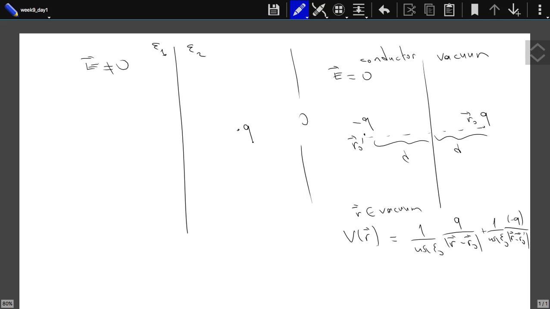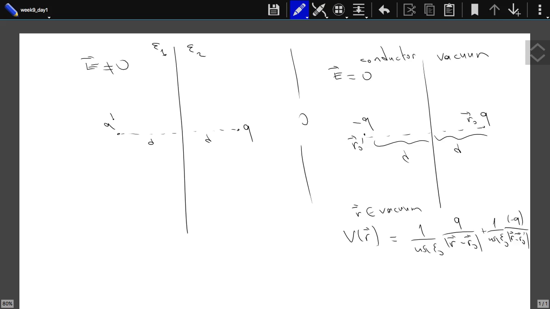The claim was that this surface charge also behaves as if there is another charge on the other side. We took its image here. This is D, this is also D. But this time it is not equal to minus Q. We called it Q prime. Initially we didn't know what that charge is, so we just called it Q prime.